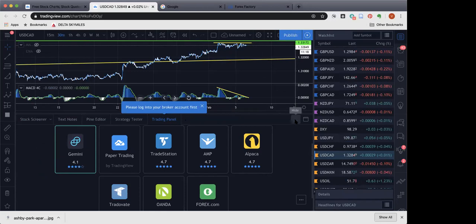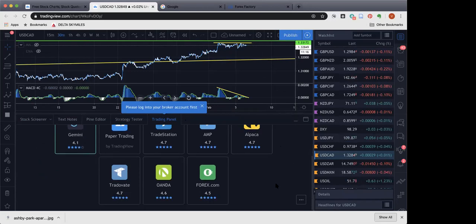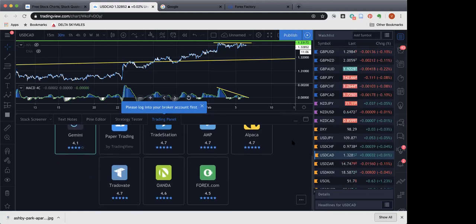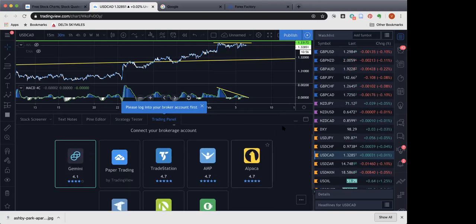Yeah, they definitely need to collaborate with more brokers. I think they're just pilot testing this, and they're actually showing you which brokers are the best. They just added Awanda, didn't they? They didn't used to have it. They just added a couple more brokers recently. So I might get in on that just to trade from TradingView. Okay, so you can trade Awanda right there on TradingView. Yeah, because they're connected.